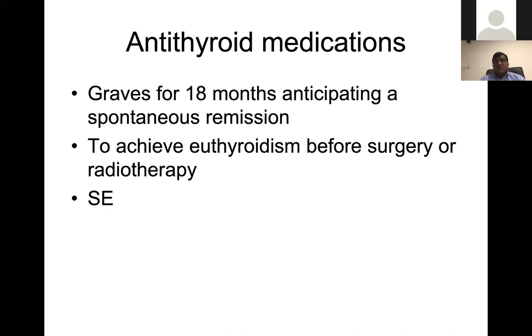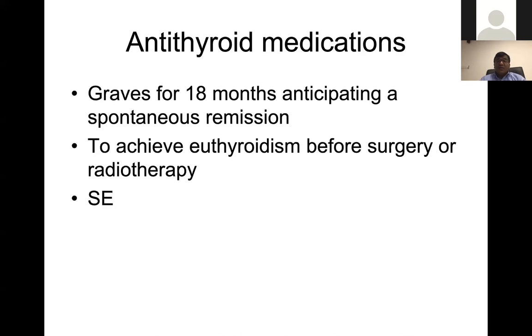We use PTU in thyrotoxic crisis or thyroid storm, because PTU is short acting, as well as having some effect on the peripheral conversion of T4 to T3.